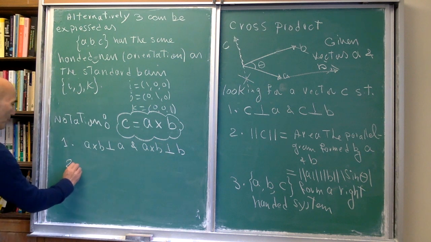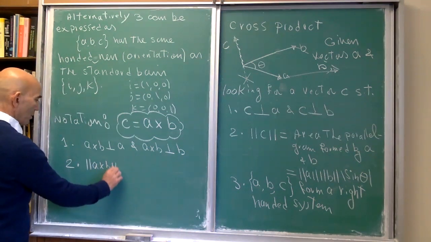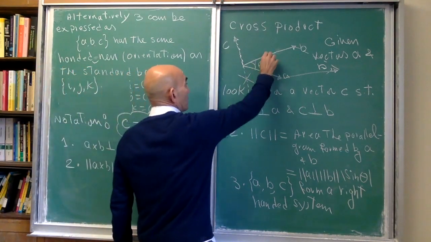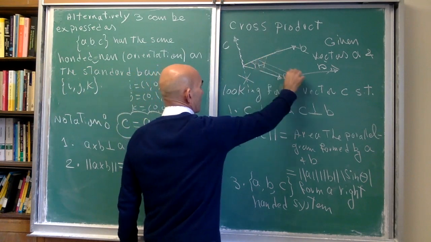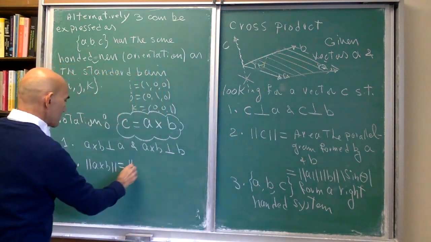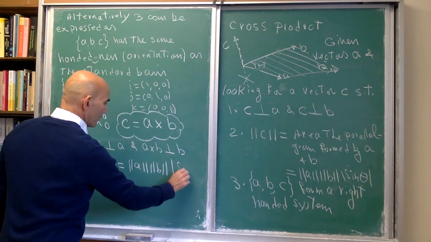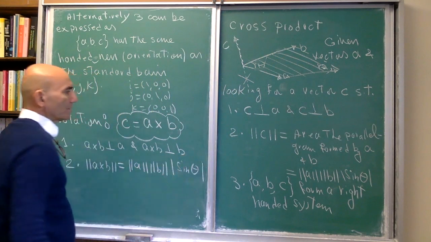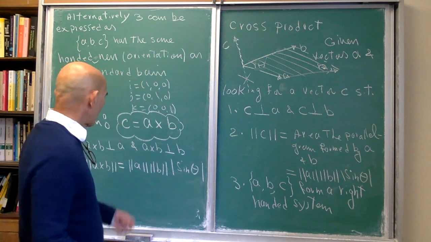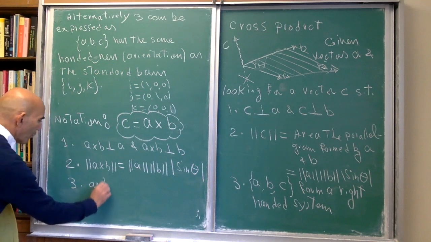And the second property is that the magnitude of A cross B, we said, is equal to the area of this parallelogram formed by A and B. So this is magnitude of A, magnitude of B, absolute value of sine theta. That's property 2. Now, property 3, I cannot write it like a formula. So 3 is as before, really.